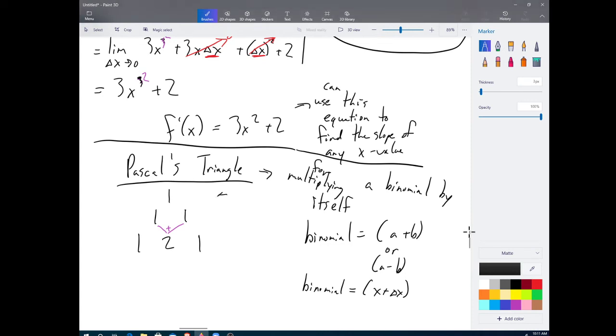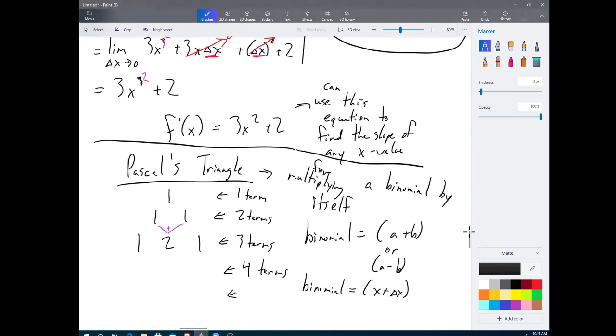Our first row has 1 term. Our second row has 2 terms. Our third row has 3 terms, and I bet you can see the pattern. How many things do you think our fourth row will have? I just wrote it down. 4. There we go. And so forth.